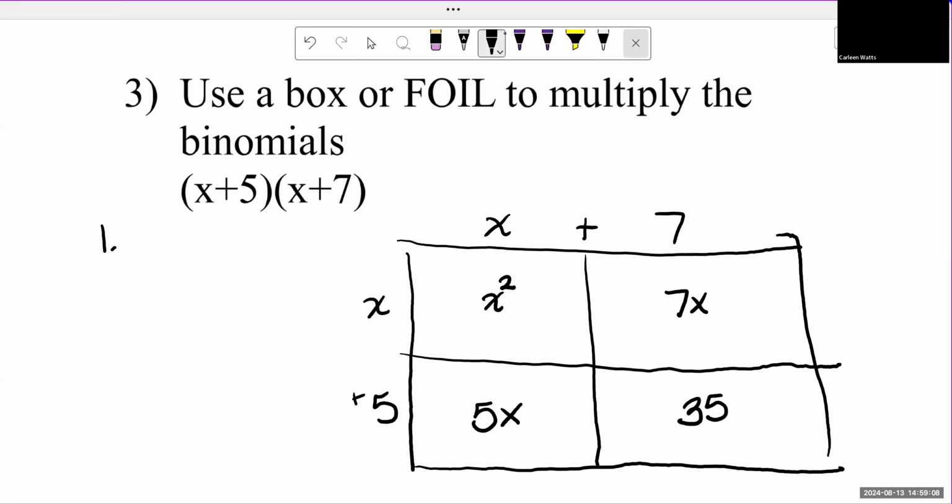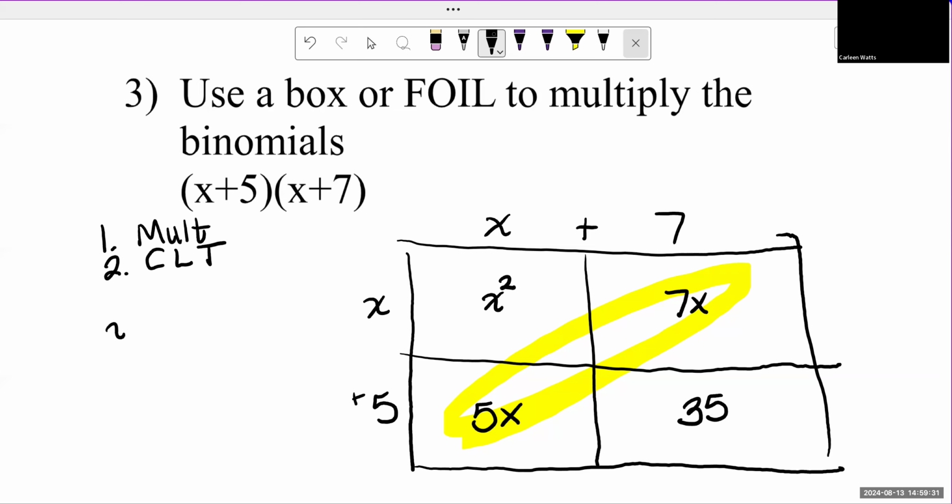Okay, so first we multiplied and then we combine like terms. Do I have any like terms? Those terms right there are like terms and can be combined. So 5x plus 7x.